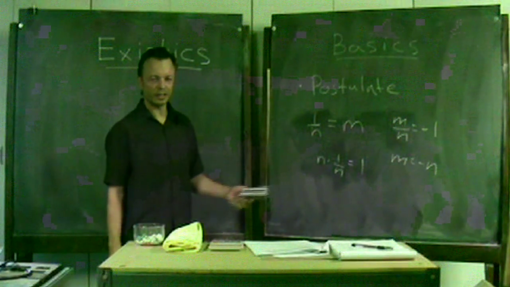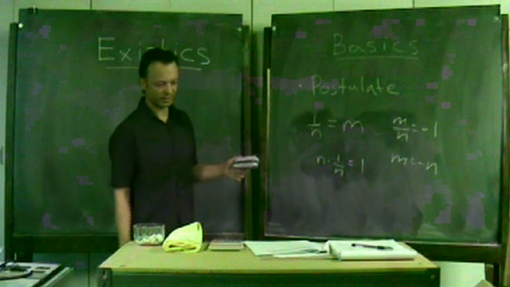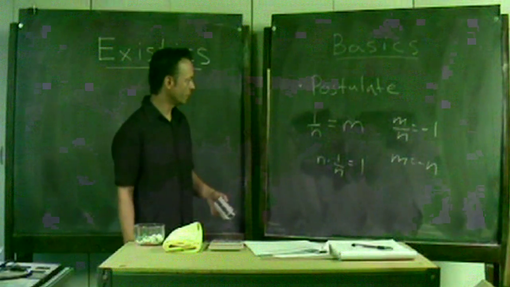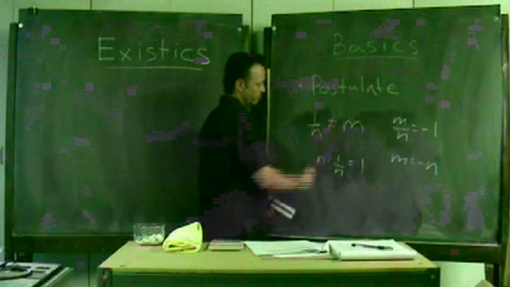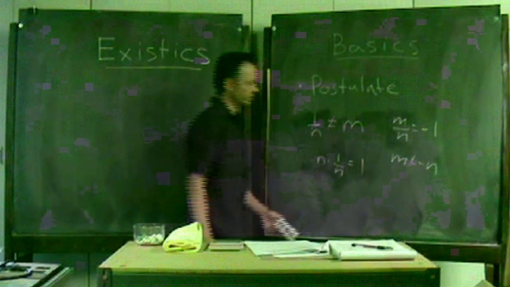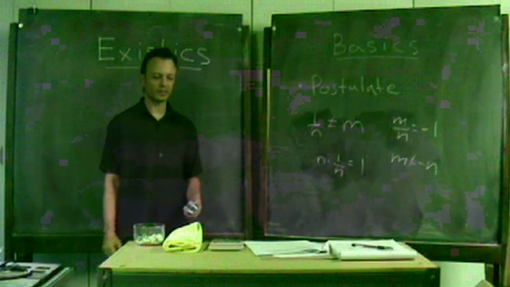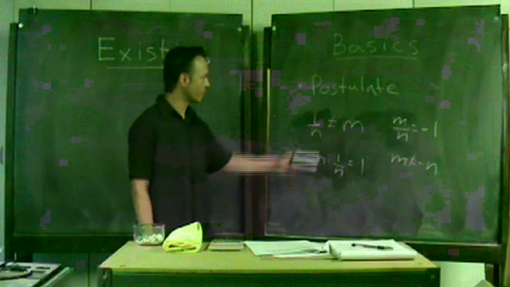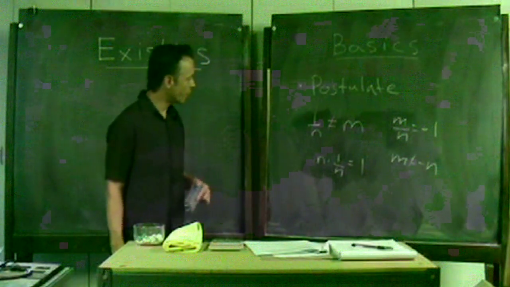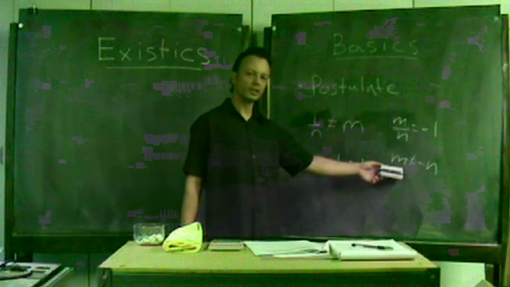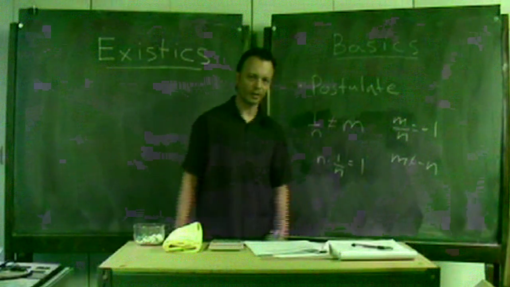So the idea in Existics is that this is never the case and this is never the case. Now what I mean by this is not that we don't have situations where things are nearly complementary or nearly perfectly different.